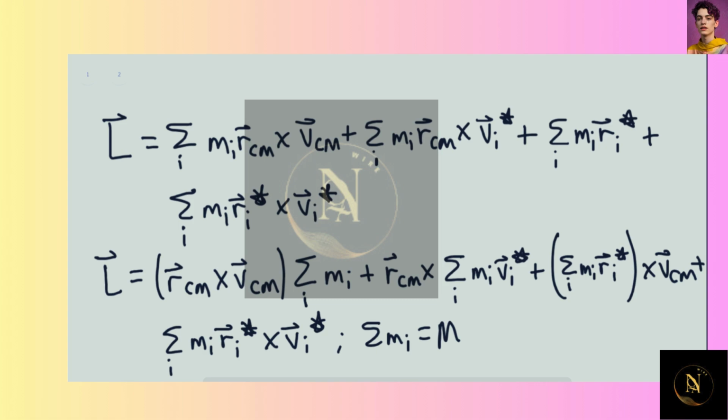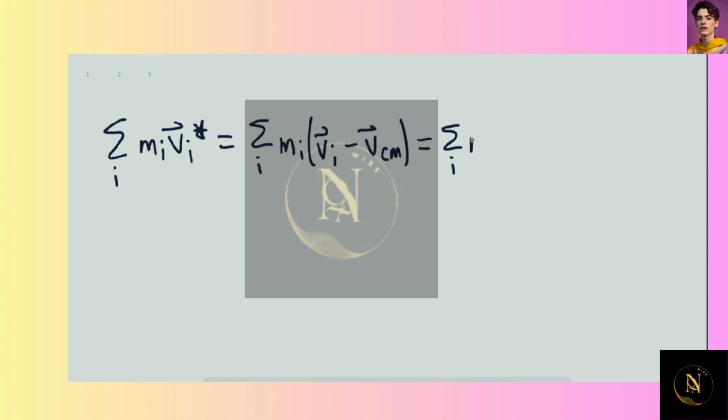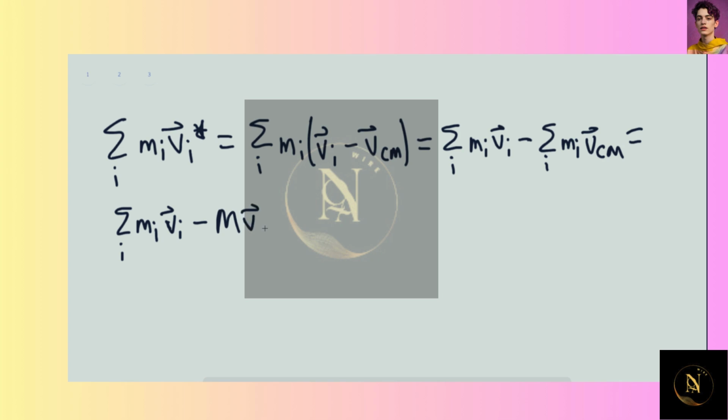And then in the second term, the sum of m sub I v sub I star is equal to the sum of m sub I times v sub I minus v sub cm, the center of mass velocity. This equals the sum sub I of m sub I v sub I minus the sum of m sub I v sub cm, which is the sum of m sub I v sub I minus the total mass times the velocity of the center of mass.